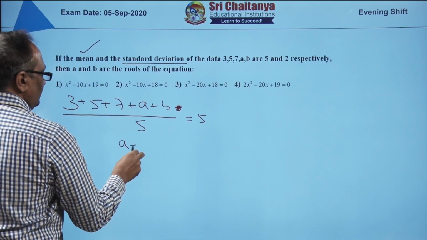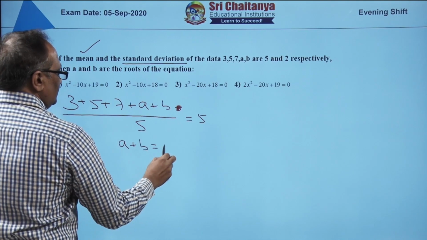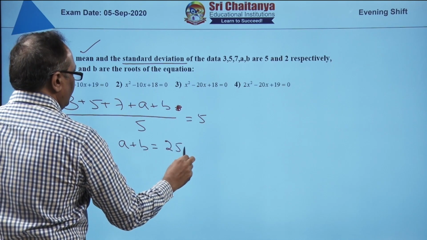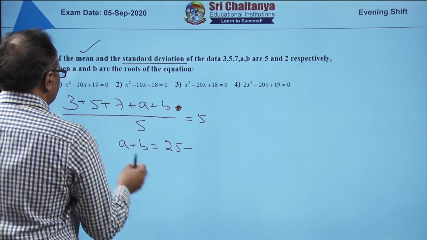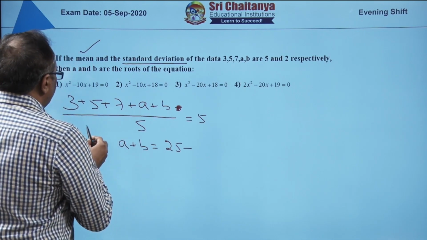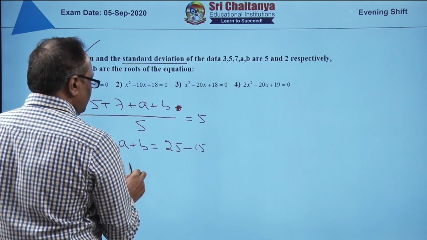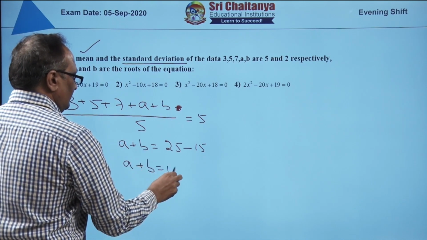So a plus b is simply 5 into 5, 25, minus this value 3 plus 5 plus 7, that is 15, so a plus b is nothing but 10.